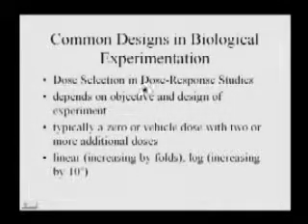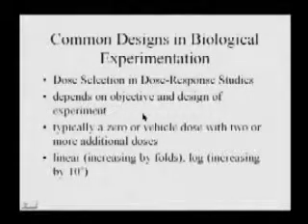So the dose selection in the dose response studies depends on the objective and the design of the experiment. We wanted to find a subthreshold dose that would not have an effect in the well-known strain of rat and this other strain where we can induce a panic attack.